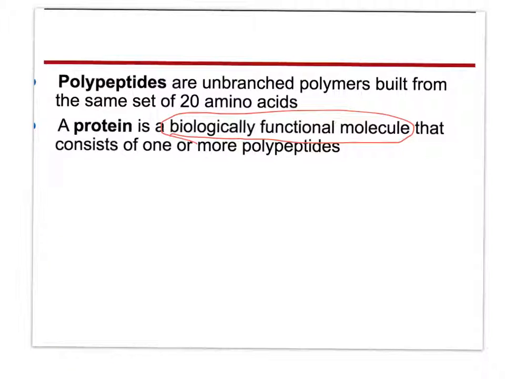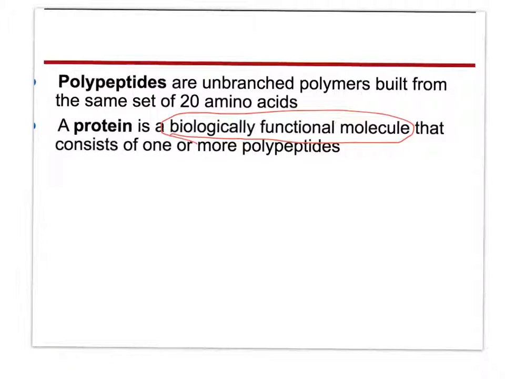Example. Insulin, what we just talked about, is a functional protein. Inside the beta cells of the pancreas, it is produced in what we call a pro form, proinsulin. It is not active inside the beta cells. But as it's released from the beta cells into the bloodstream, a part of the protein is cut off, and now it becomes a functional protein.